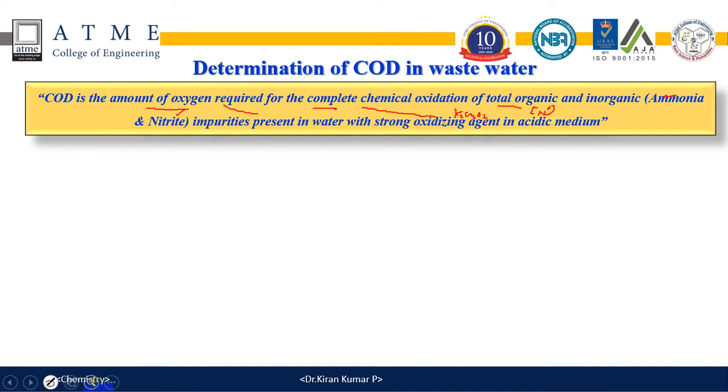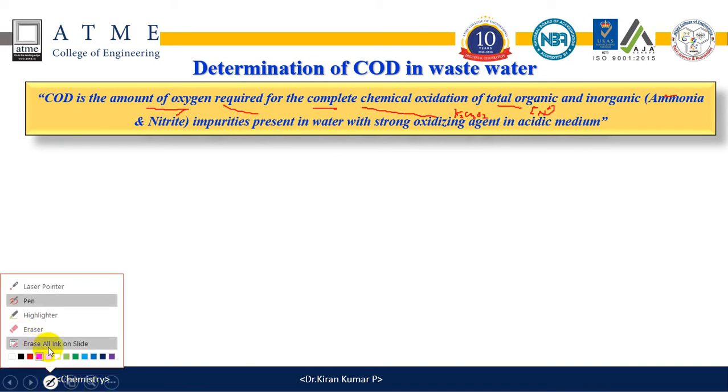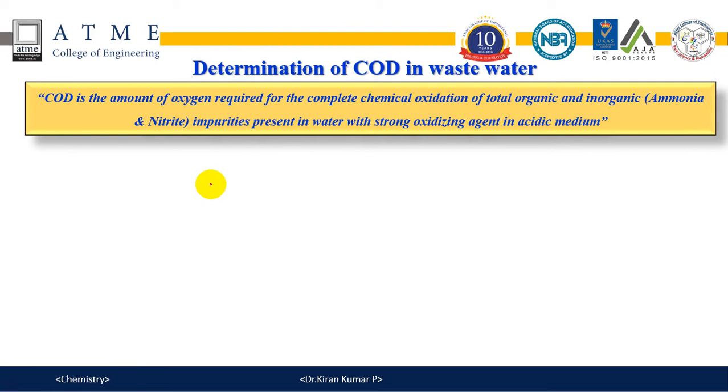So the definition of COD is to determine the amount of oxygen required for complete oxidation of organic as well as some inorganic compounds present in a water sample by using strong oxidizing agent in an acidic medium.